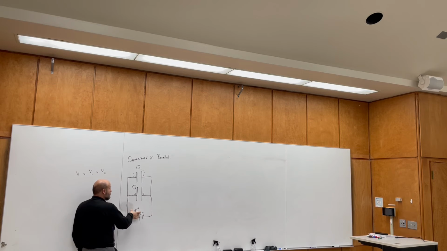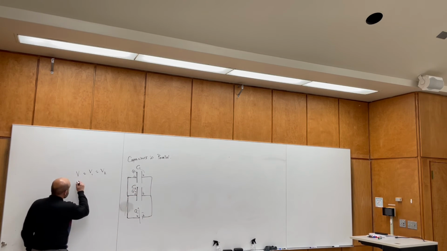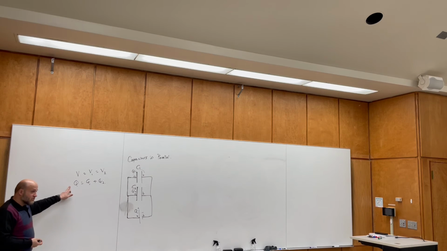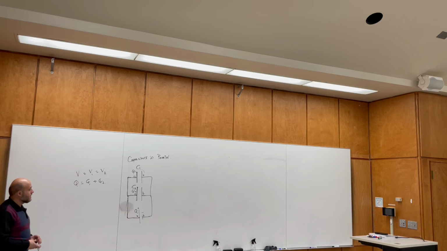So this charge is going to divide between these two plates. Whatever this battery provided will be divided between these two plates. So Q is Q1 plus Q2. So in parallel combination, the voltage of the two capacitors will be the same, but the charge is going to divide between the two capacitors.